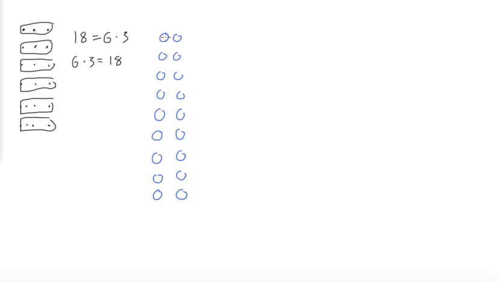Alright, let's count these now, these little circles. 1, 2, 3, 4, 5, 6, 7, 8, 9, 10, 11, 12, 13, 14, 15, 16, 17, 18. Alright, so there's 18. Well, another way to look at that is we have groups of 2. We have one group of 2 and 2 groups of 2, and so on and so on.